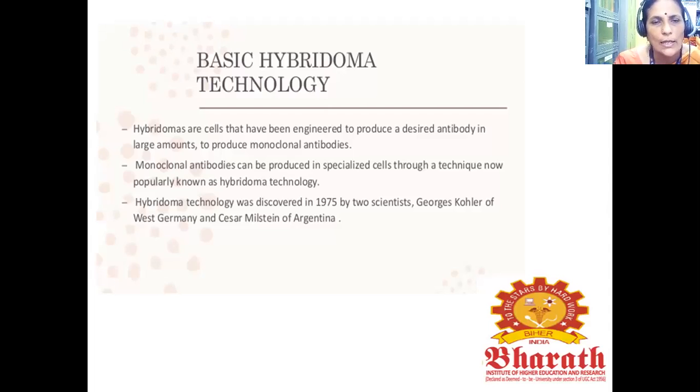The monoclonal antibodies can be produced in specialized cells through a technique now properly known as hybridoma technology. Hybridoma technology was discovered in 1975 by two scientists, Georges Köhler of West Germany and César Milstein of Argentina.